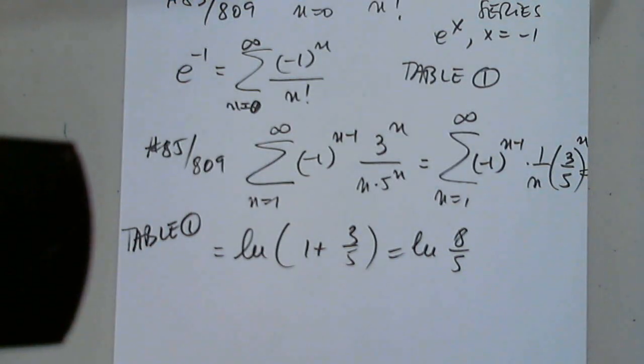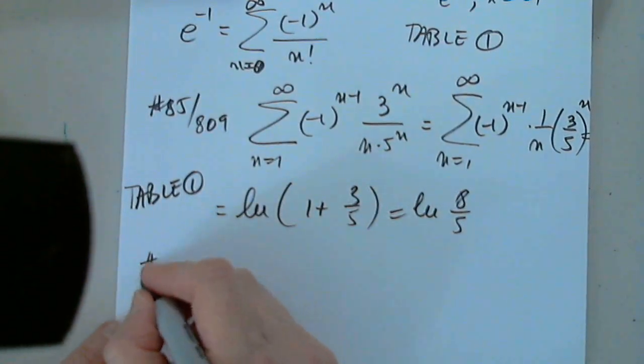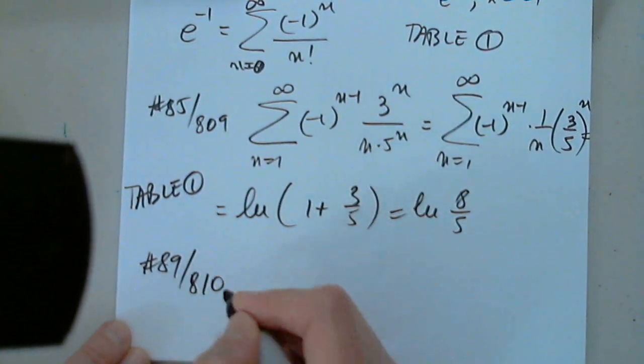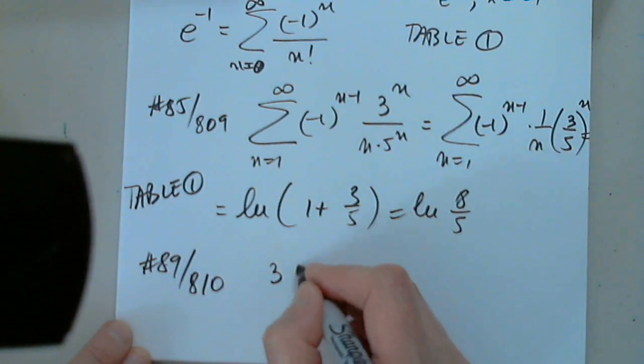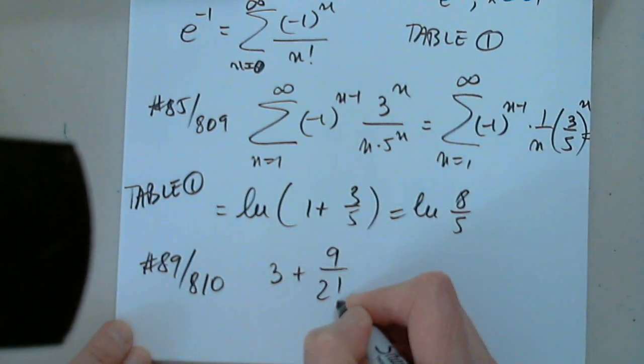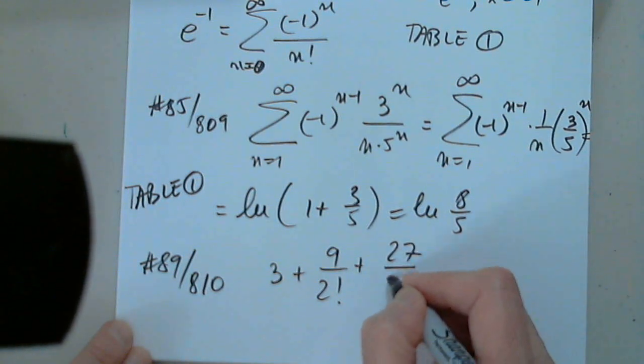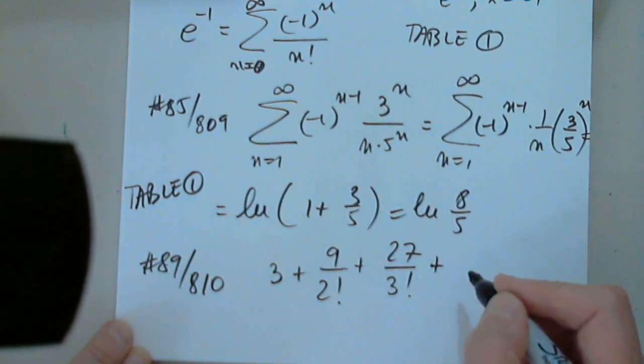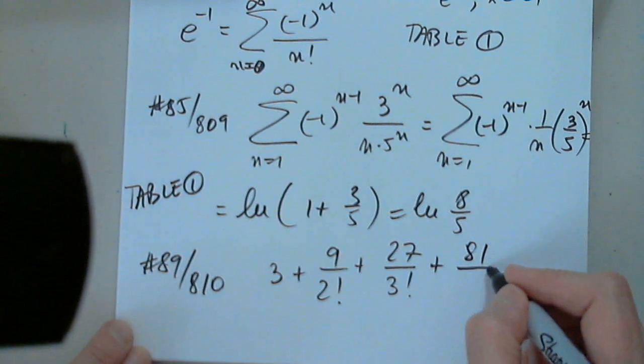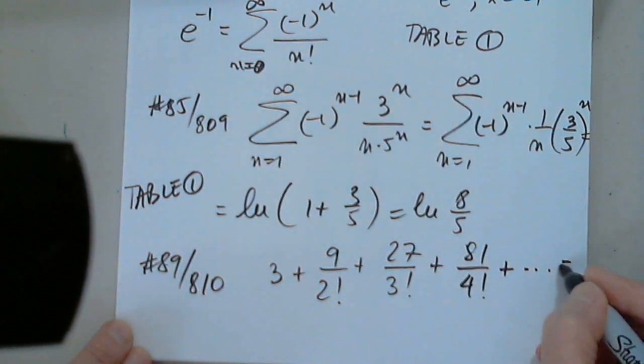Okay, and let's look at one more, and that is 89 on page 810, in which we have 3 plus 9 over 2 factorial plus 27 over 3 factorial plus 81 over 4 factorial plus dot dot dot.